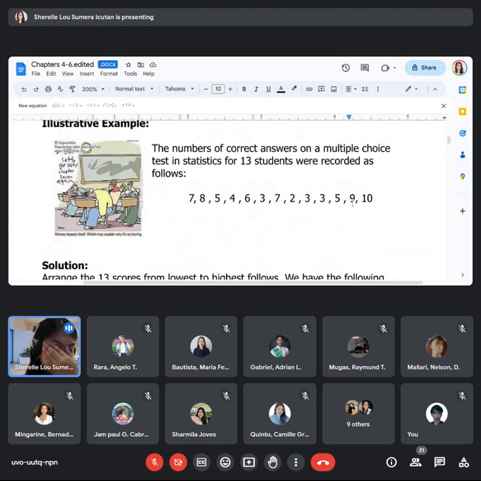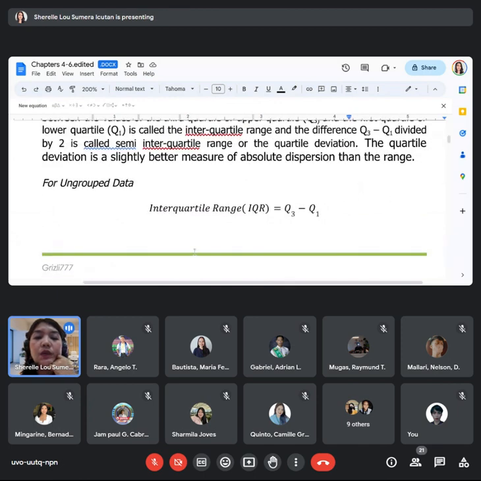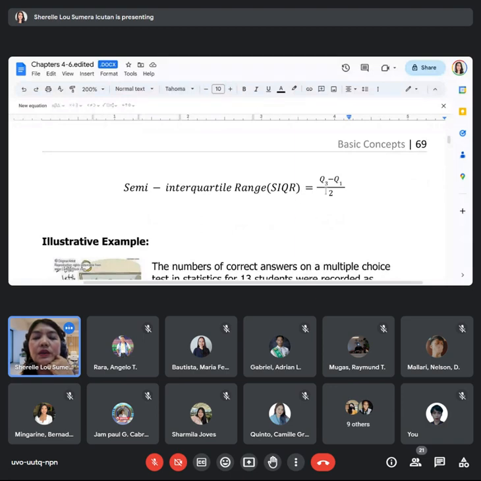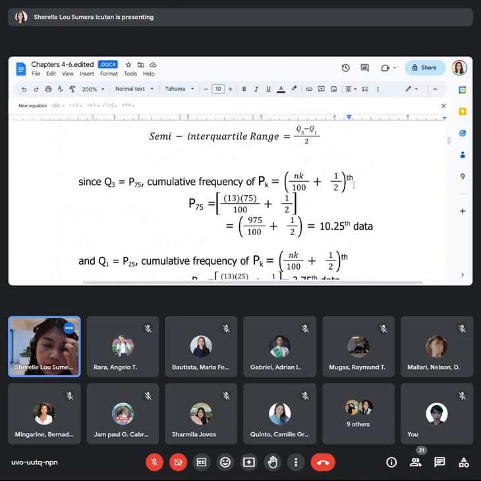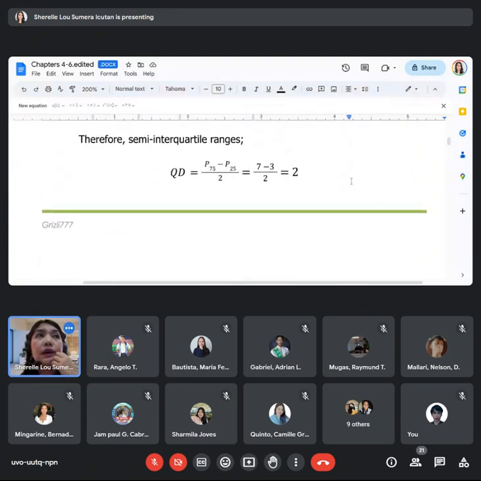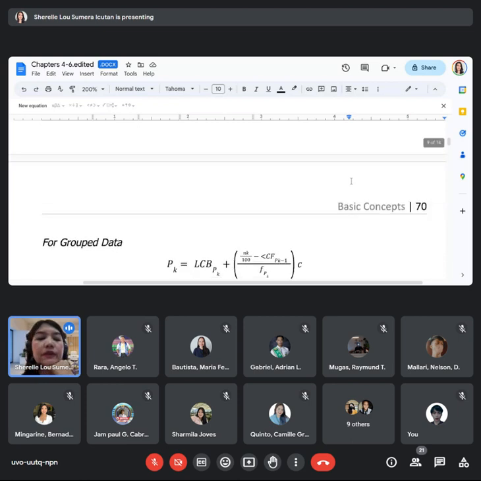We will not discuss this further because you already know how to compute for Q3 and Q1. You just have to use this formula. If it's just interquartile range, it's Q3 minus Q1. But if it's semi-interquartile range, it's Q3 minus Q1 over 2. So you just have to follow the formula in computing for Q3 or P75 and Q1 or P25.